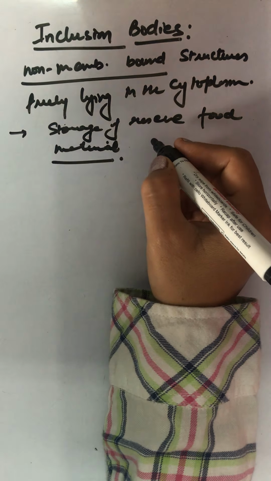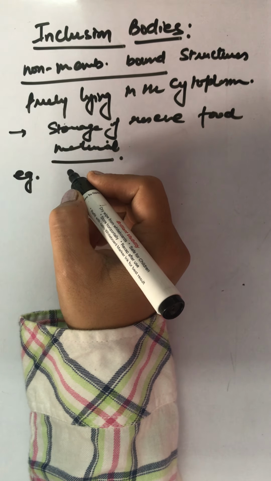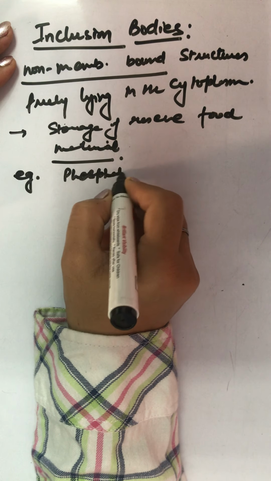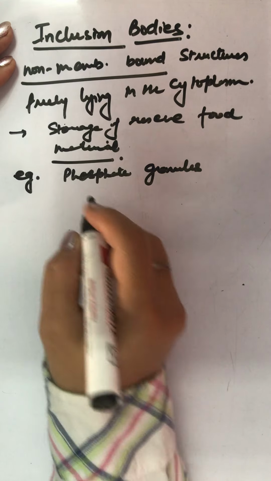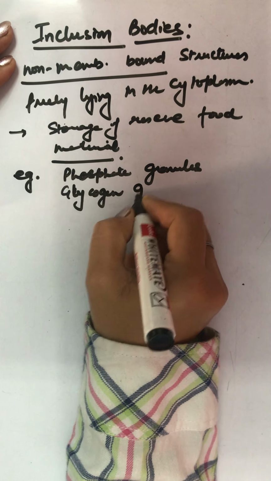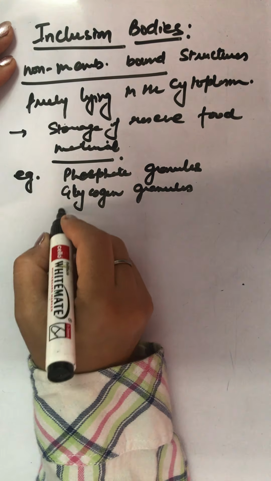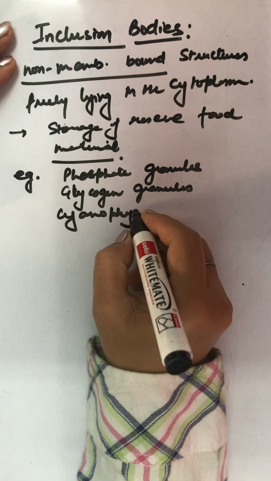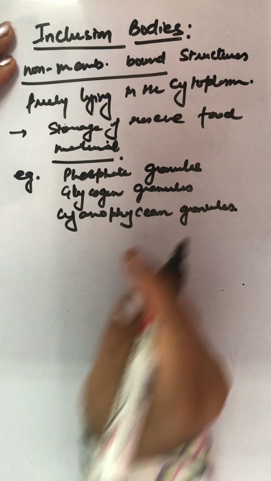So they are basically categorized into phosphate granules, then glycogen granules, then cyanophycean granules, depending upon what they have to store.